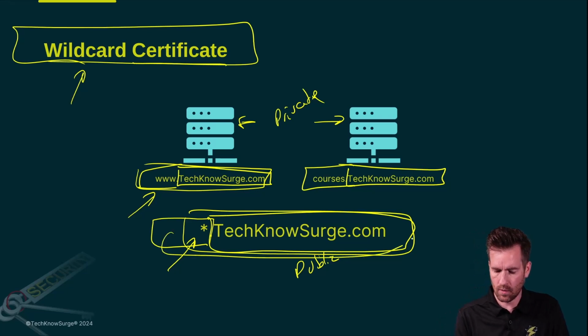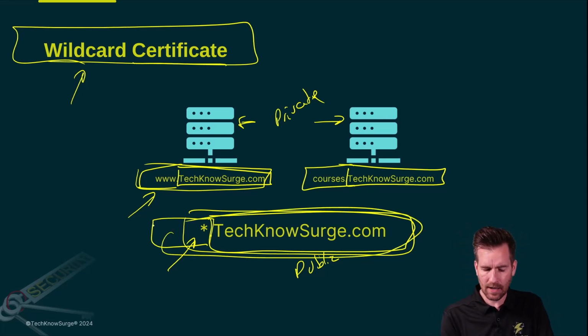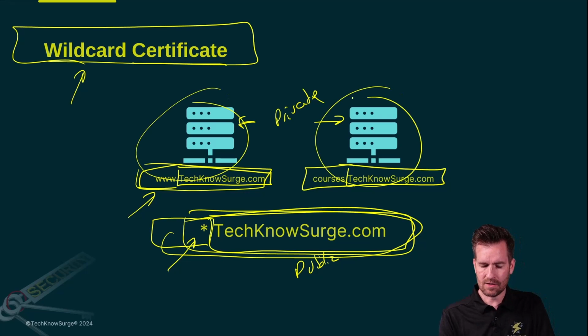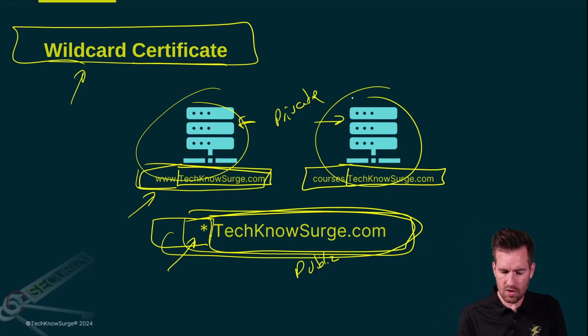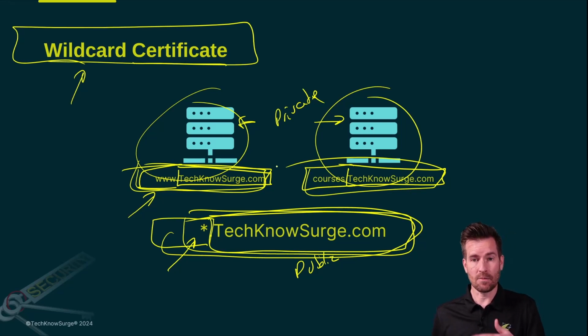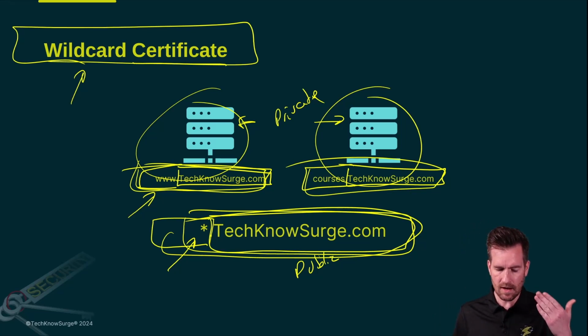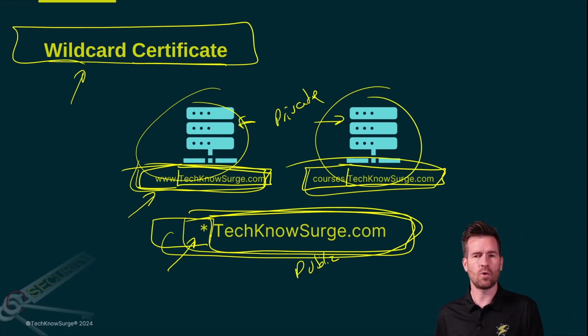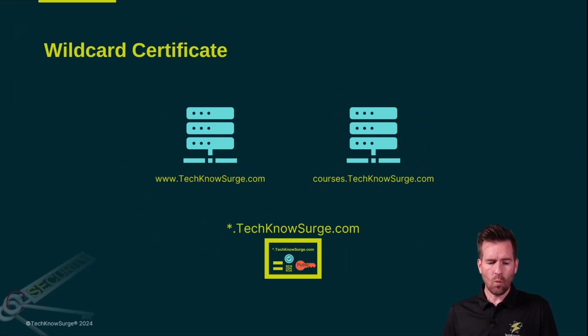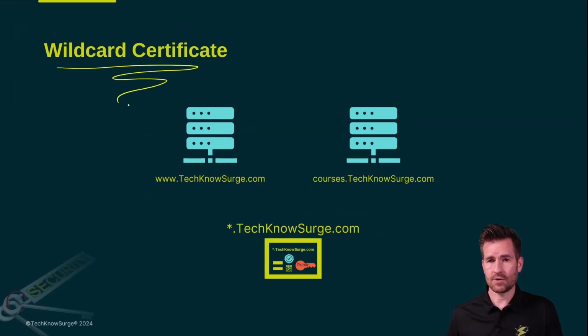So I'd put the same private key on both of these. It's going to have the same certificate, and then I could use it for both of these domains here, both the www.technosurge.com and the courses.technosurge.com.